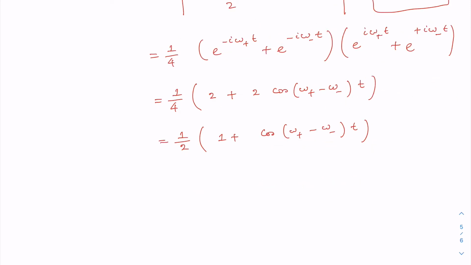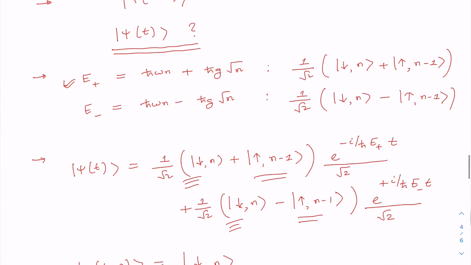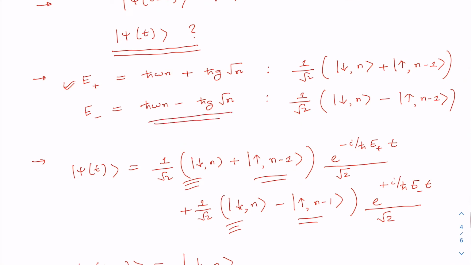Now you know that ω₊ − ω₋ is nothing but (E₊ − E₋)/ħ, and because we already have this expression, you just have to take the difference.